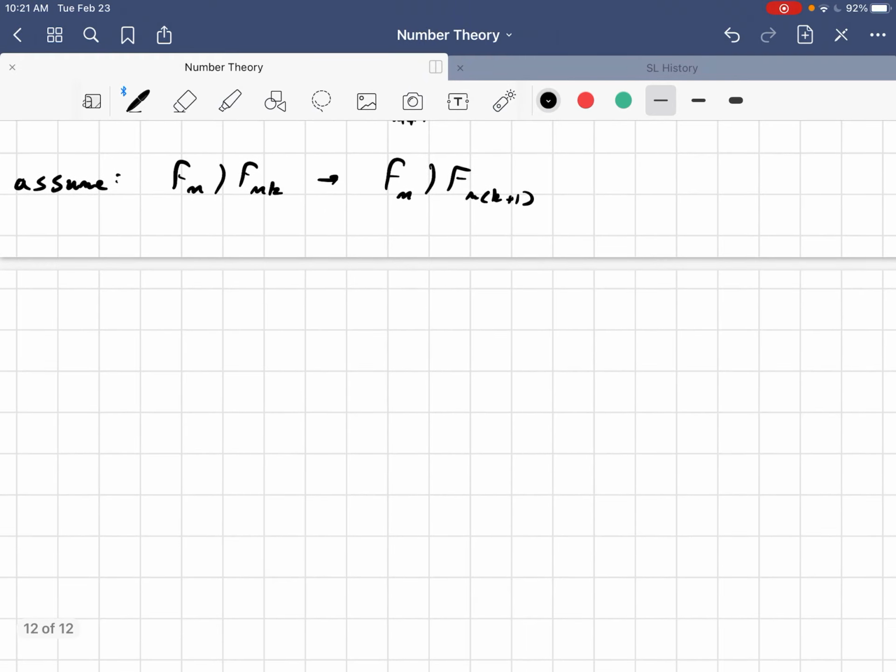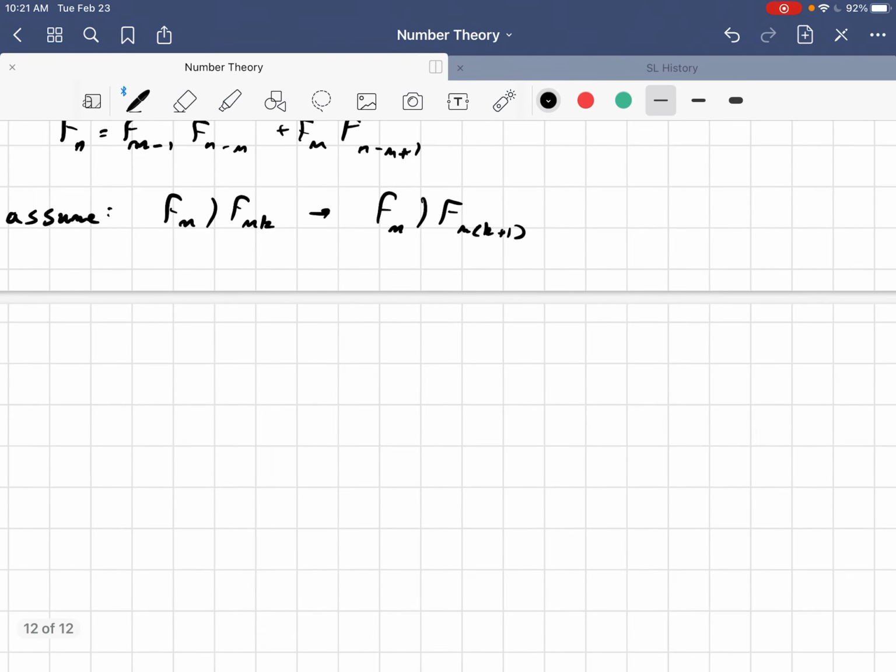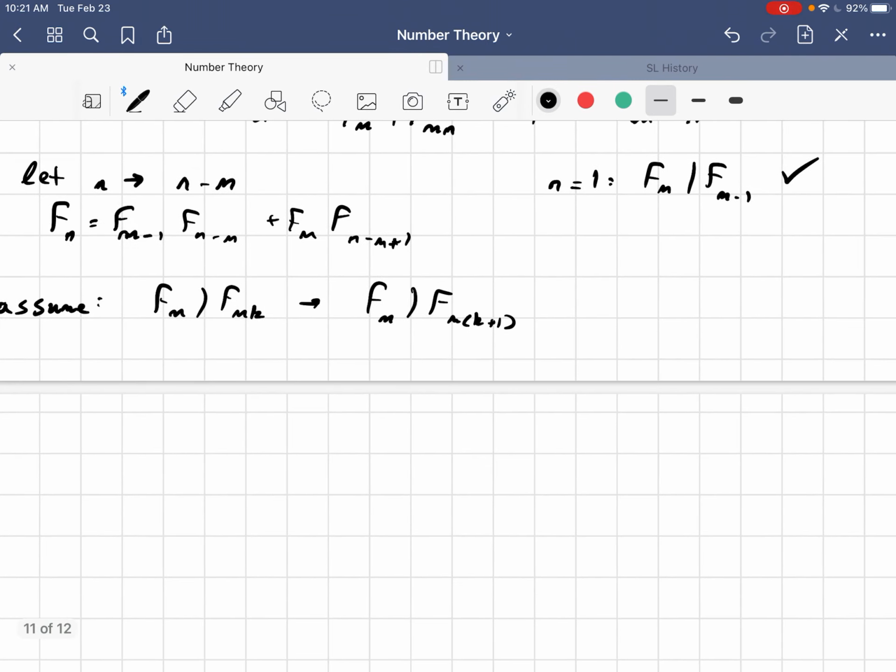Now, in this formula right here, instead of f sub n, which is what I have, I'm talking about f sub m times k plus 1, and so that suggests to let n be equal to m times k plus 1.